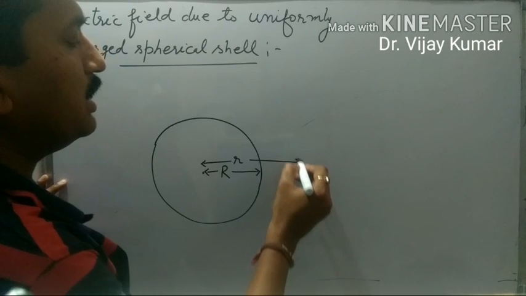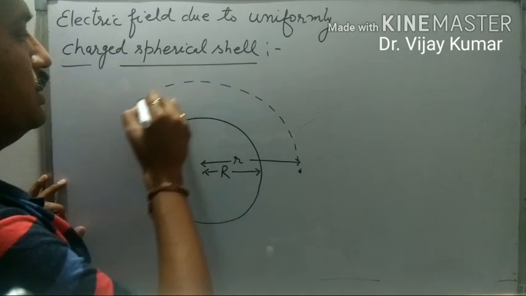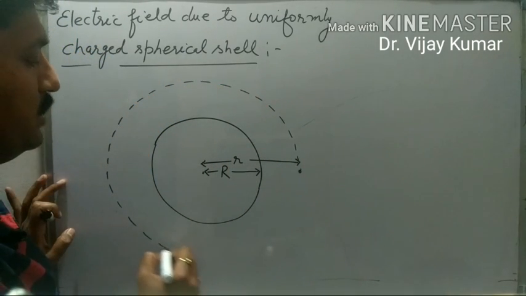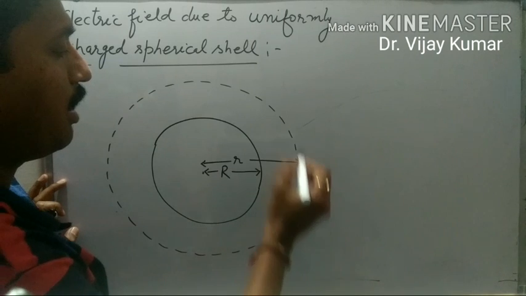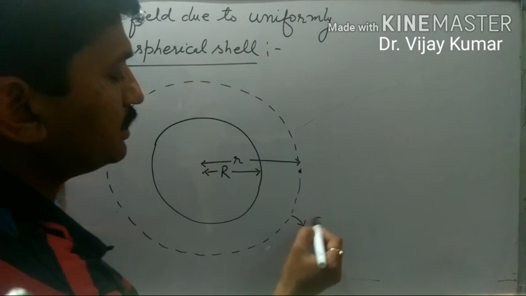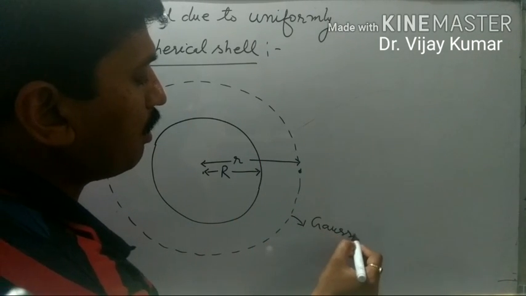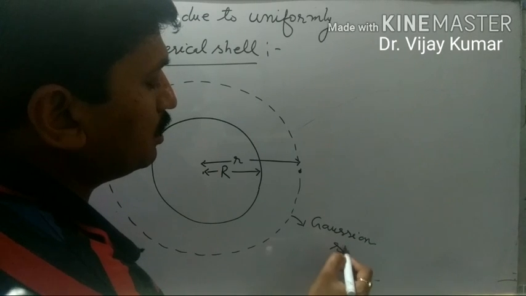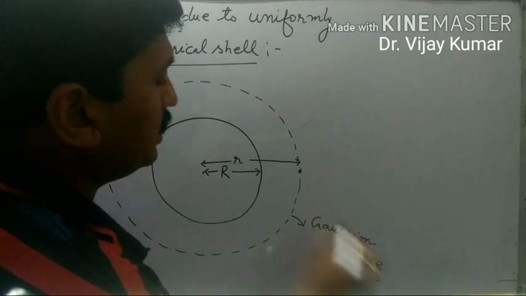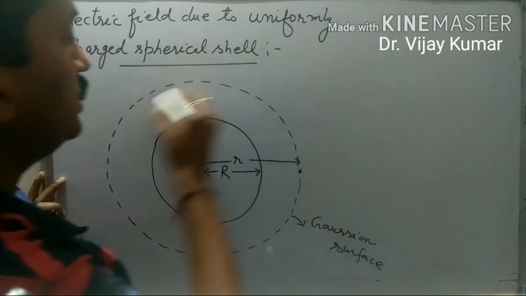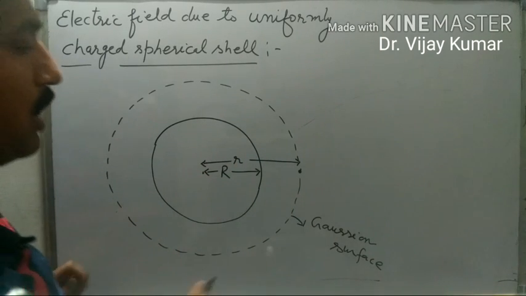Now we can consider a Gaussian spherical surface. This is the Gaussian surface, and the radius of the Gaussian sphere is small r.